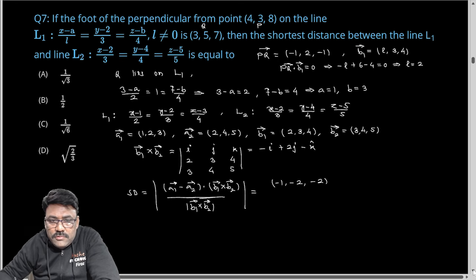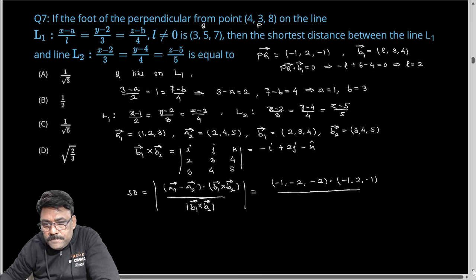This is the A1 minus A2 vector: 1 minus 2, 2 minus 4, 3 minus 5. And you are taking its dot product with B1 cross B2, which is (minus 1, 2, minus 1). In the denominator, you are taking the modulus of B1 cross B2, which is under root 1 plus 4 plus 1.